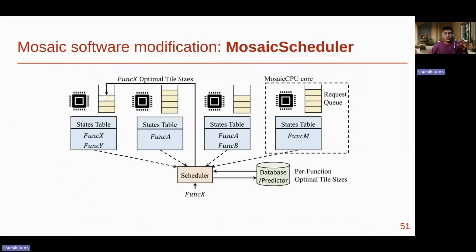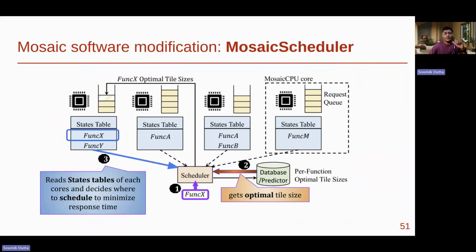Similarly, for the Mosaic scheduler, when a function gets invoked into the system, the scheduler first gets the optimal tile size from a pre-profiled database, and it reads the state tables of each of the Mosaic CPUs and decides in which core to schedule this function.